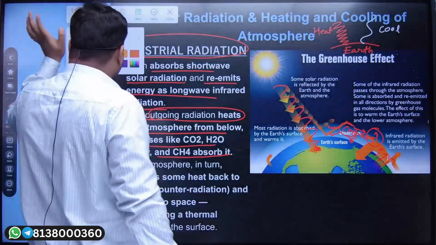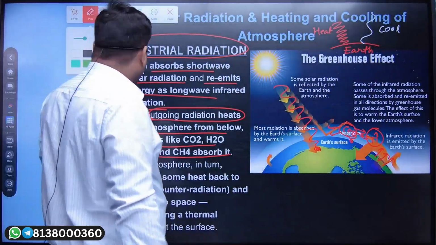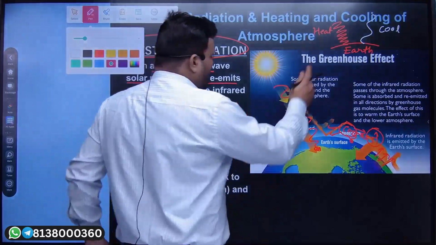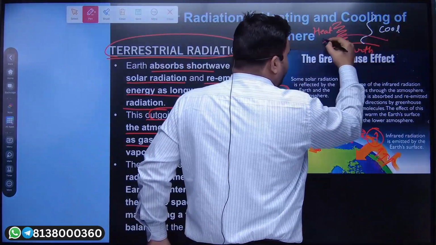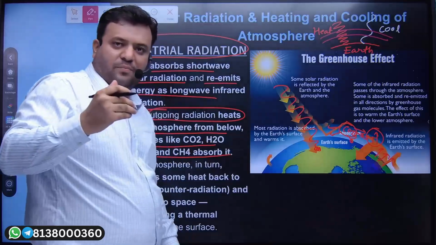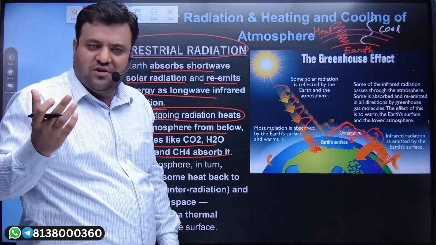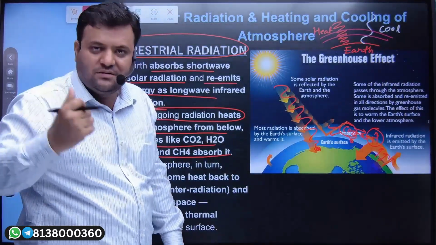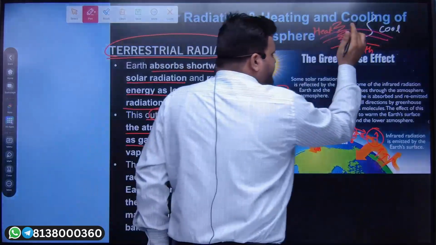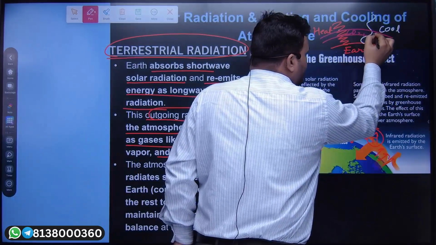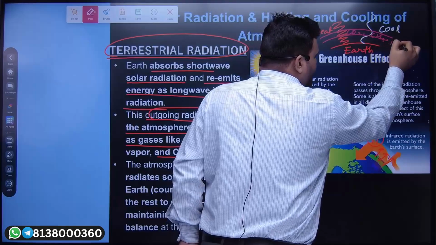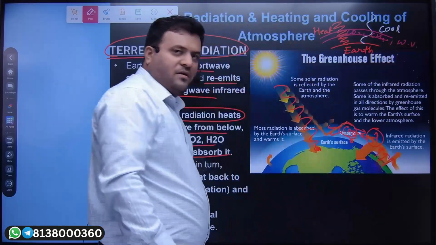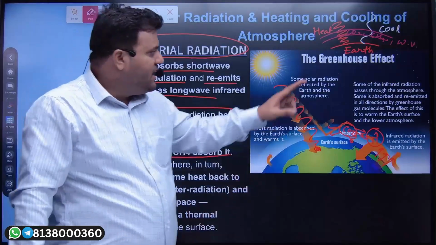Now, naturally, in order to make the atmosphere habitable, in order to make living conditions, in order to make our Earth habitable, there are certain gases like CO2, like methane, for example, like water vapor. They are there in our atmosphere and they are being released.